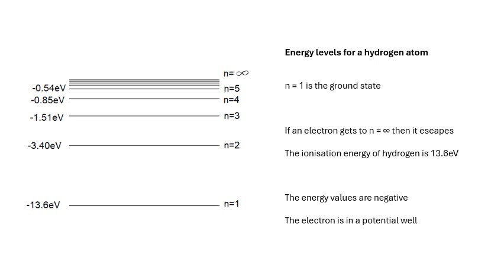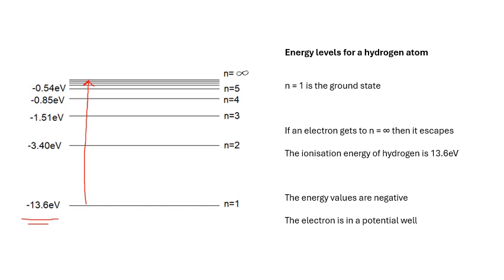Yeah, it has enough energy to actually escape. So the ionization energy of hydrogen is 13.6 electron volts. If you look at the diagram, this energy level here is minus 13.6 electron volts. So if we gave the electron 13.6 electron volts, then it gets all the way up to n equals infinity and the electron can escape.